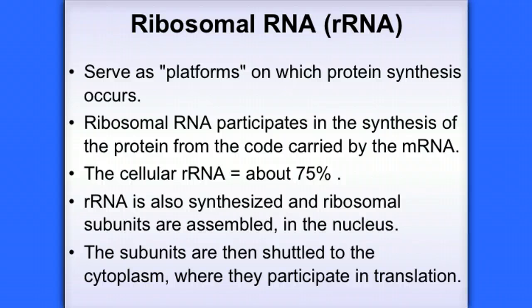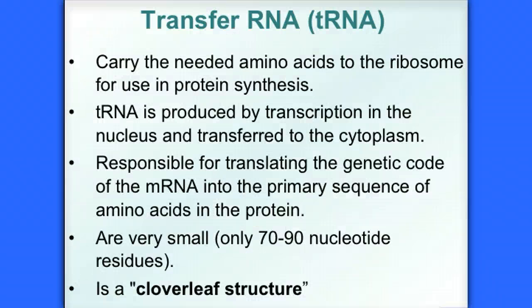Ribosomal RNA helps in packaging the ribosome, and this packaging is done inside the nucleolus in the nucleus, and then they are passed on to the cytoplasm. It is about 75% of RNA found in the cell, the most abundant kind of RNA.